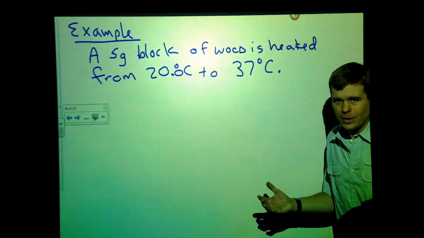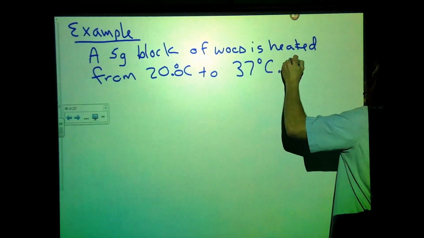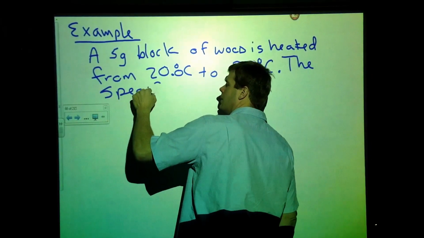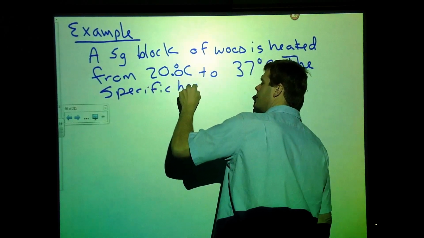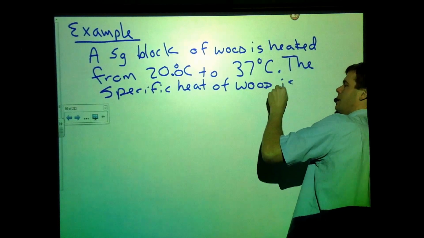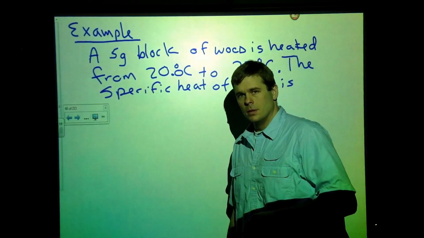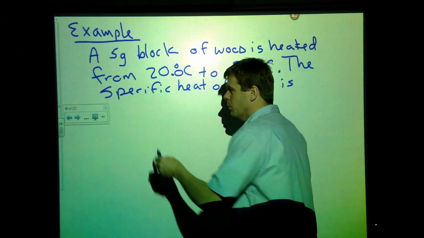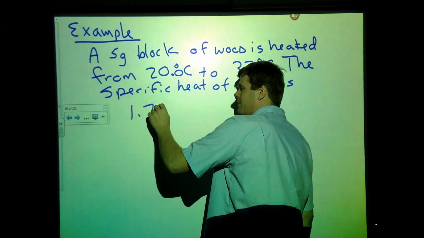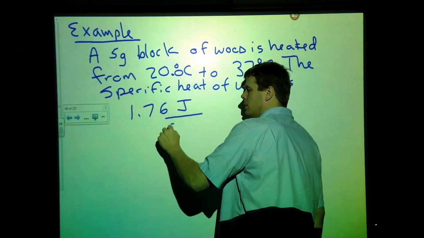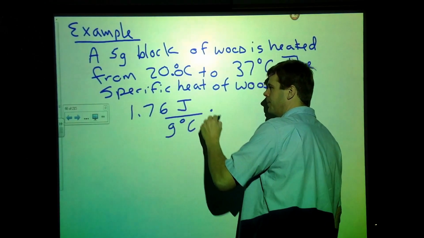And that's been calculated by scientists. So the specific heat of wood is less than water. Water was 4.18. Wood is only 1.76, and my units are joules per gram degree Celsius.